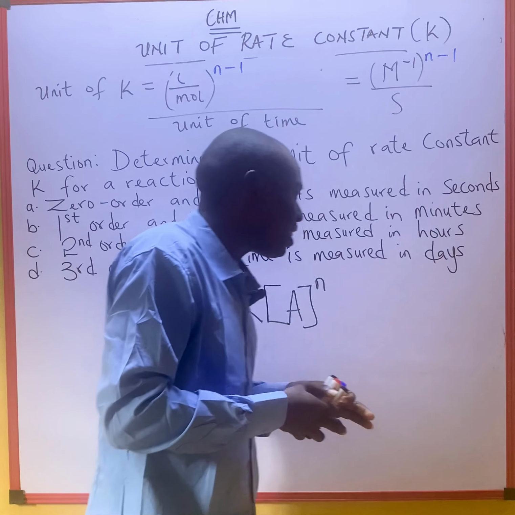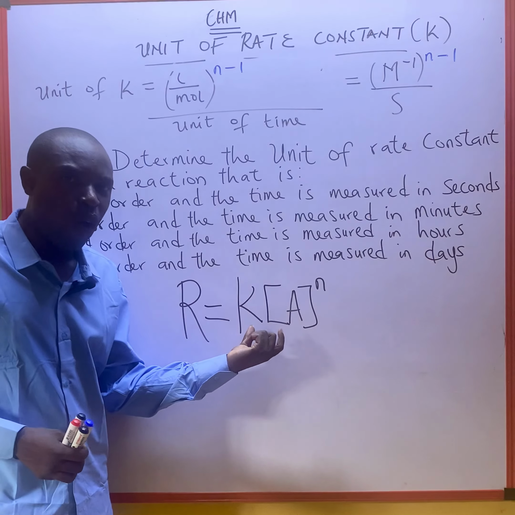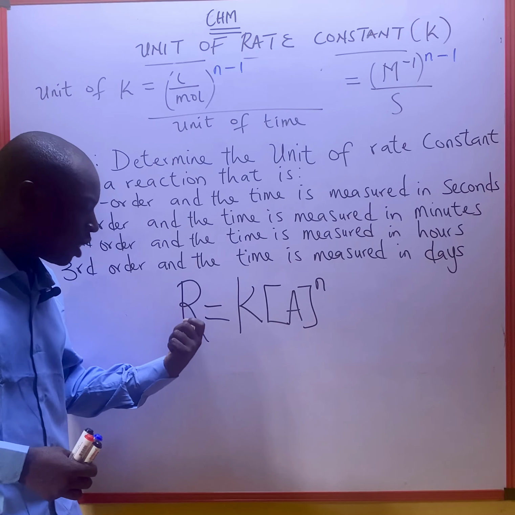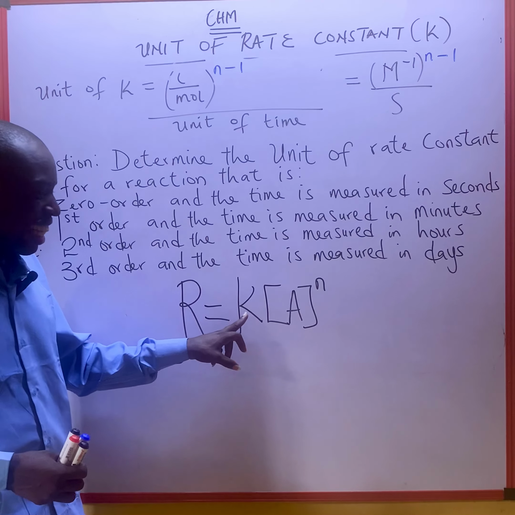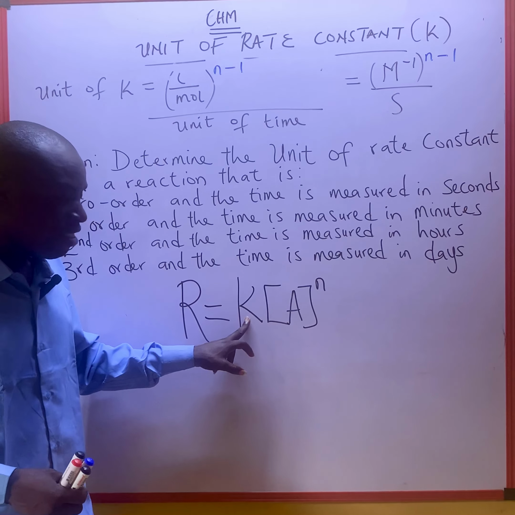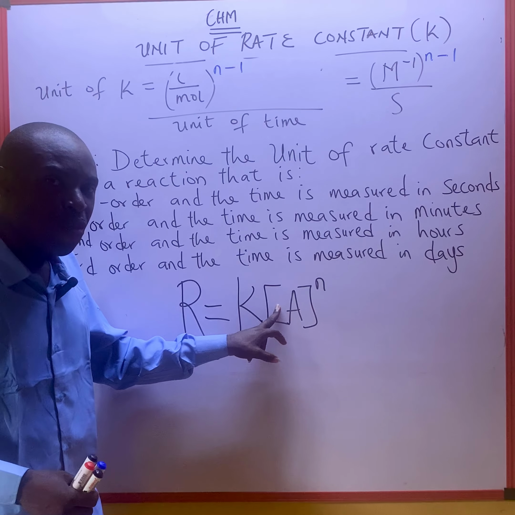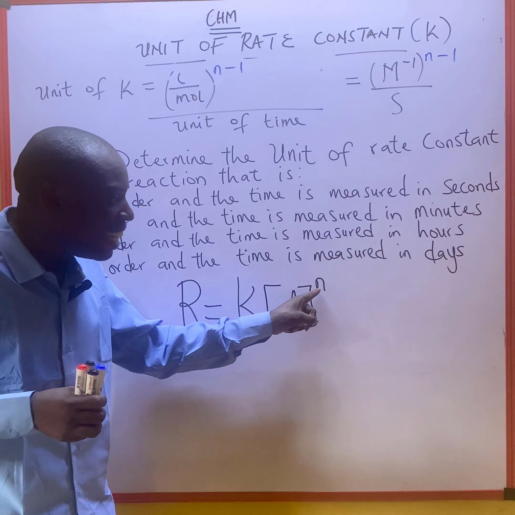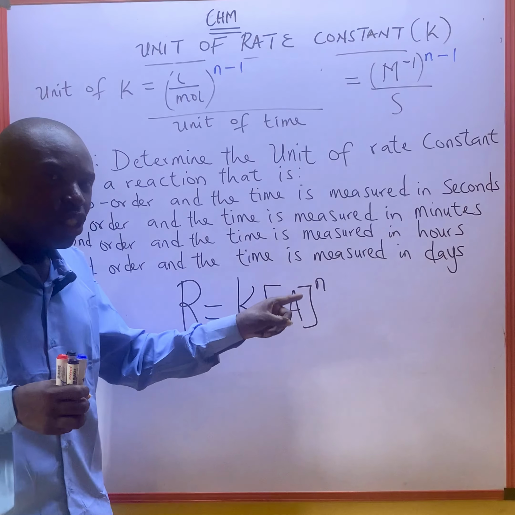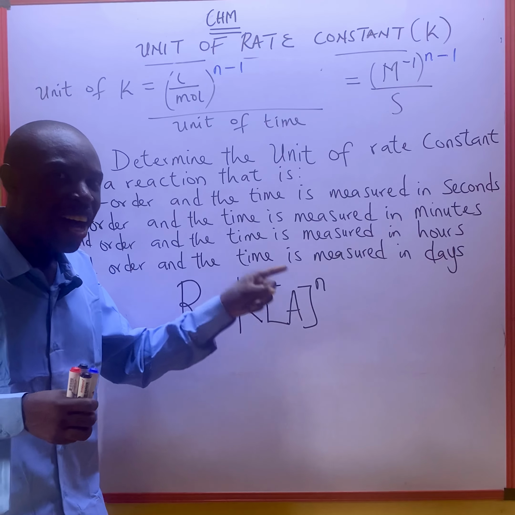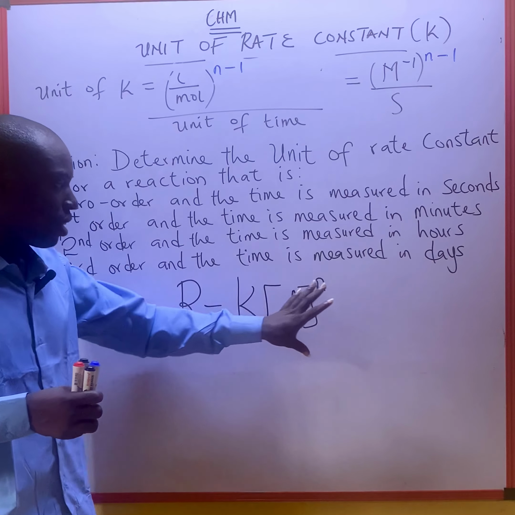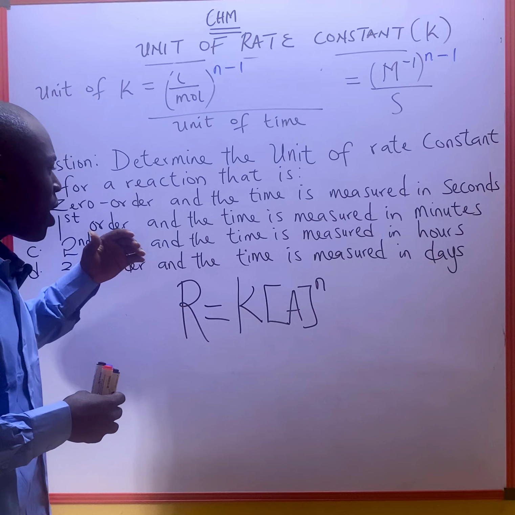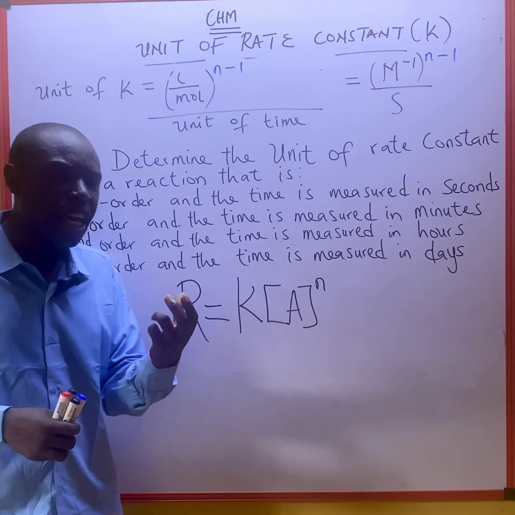According to the rate law, the rate of a reaction is equal to the rate constant K times the concentration of A, the reactant, raised to power n. This n stands for the overall order of a reaction.